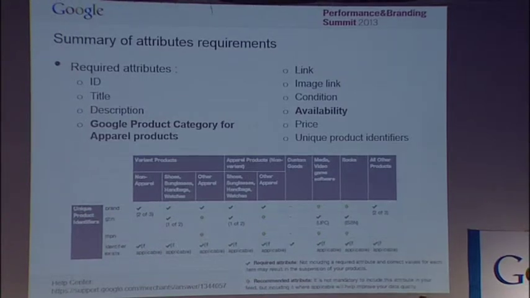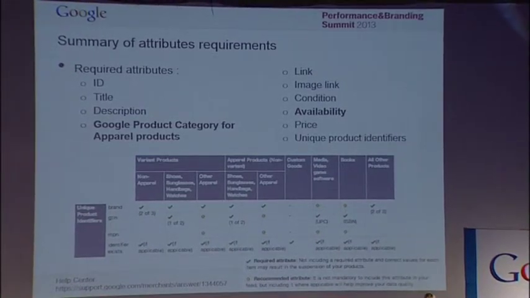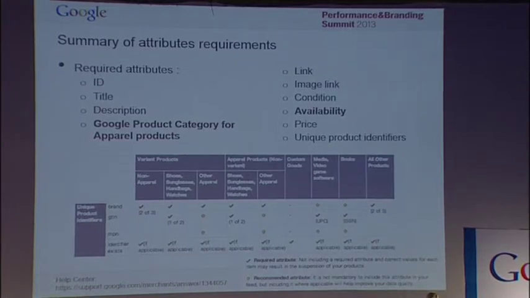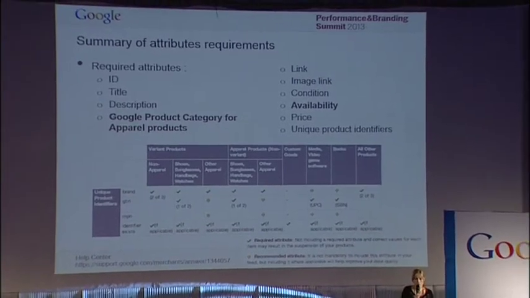So 2 out of those 3 attributes, and it's really important to put this data because first, if you don't have what's needed, your items will not be able to serve on Google. And also, putting even more than those required, like putting the 3 product identifiers when you only need to put 2 is always going to be beneficial because it's going to help us understand if the query matches your product very well.